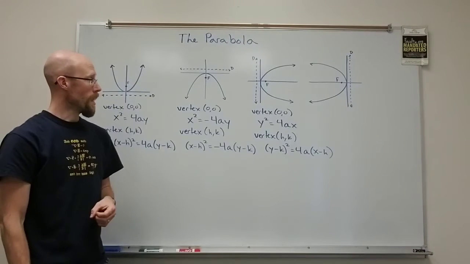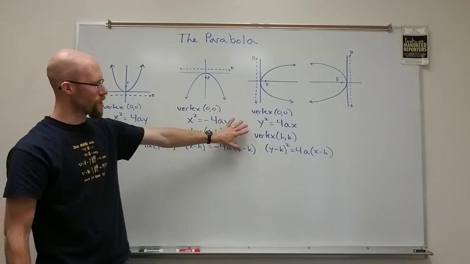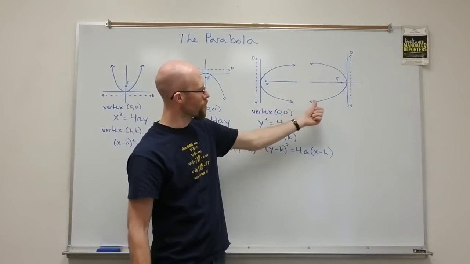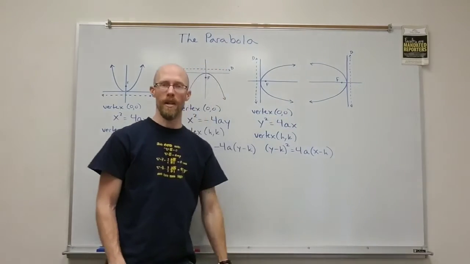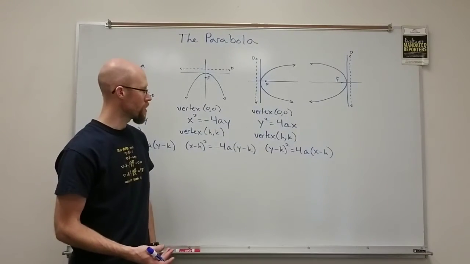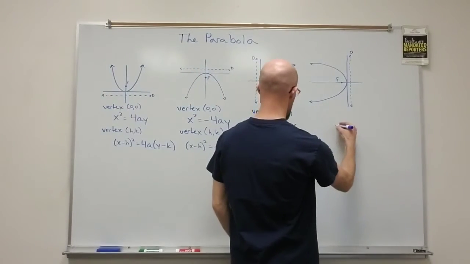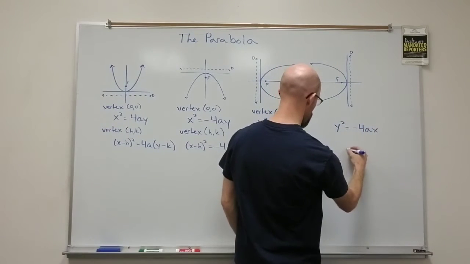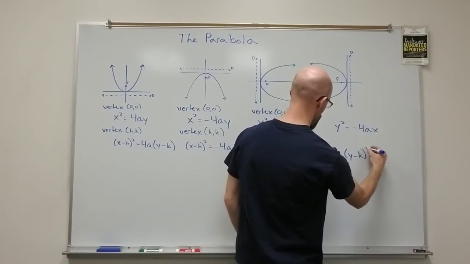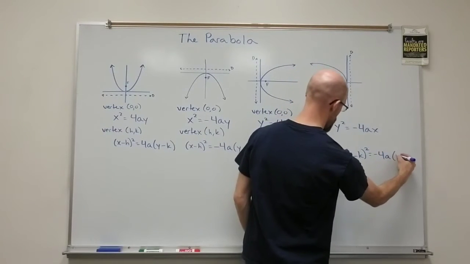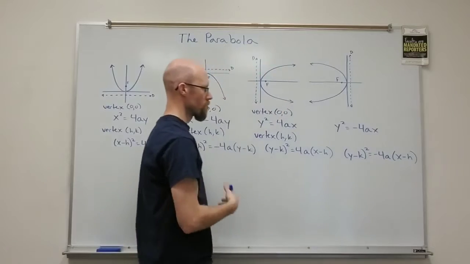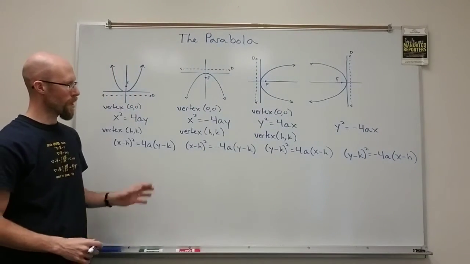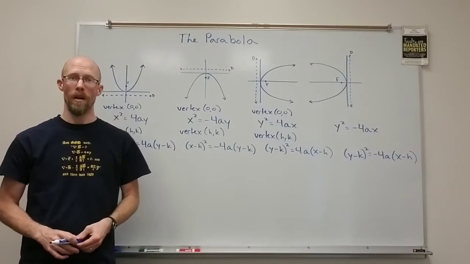And you can obviously tell what the similar equations are going to be over on this side, where the parabola opens left. That's going to be with a negative coefficient, and so here you would have y squared equals -4ax, and down here it would be y minus k squared equals -4a times x minus h. So again, without writing all the details in there, it's pretty obvious how the relationships will play out.